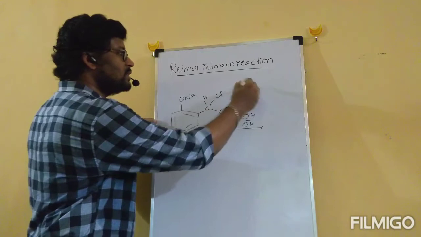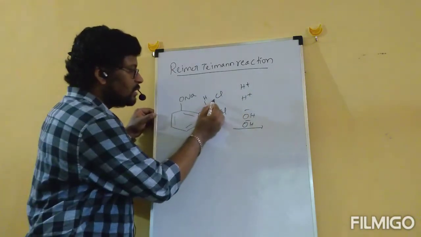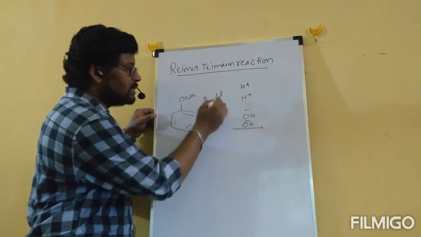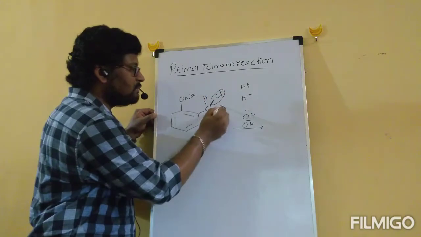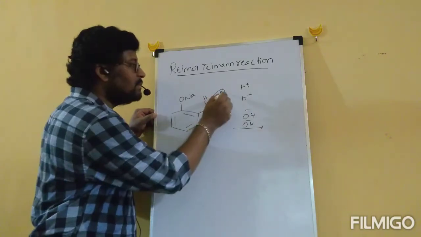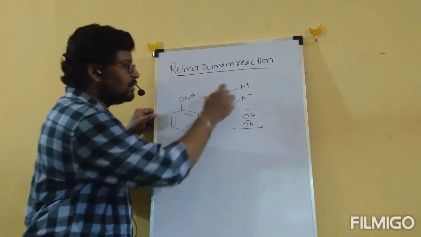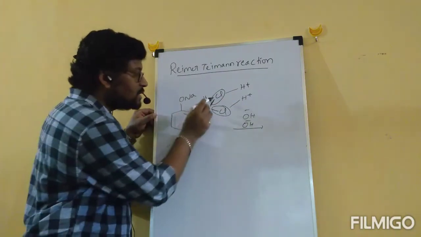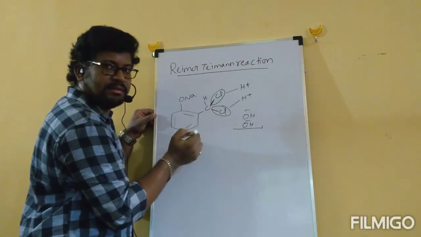Here, these two chlorines in the form of Cl minus will react with this H plus and H plus to form HCl, 2 moles of HCl. So instead of these two chlorines, we will get these two OH groups.